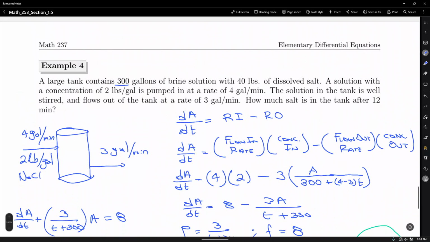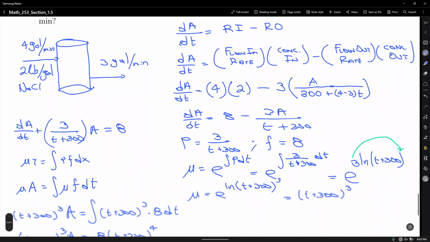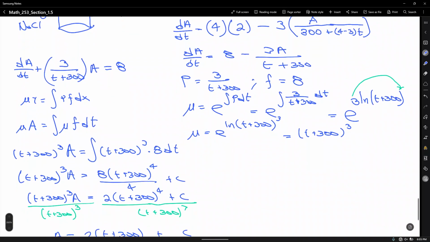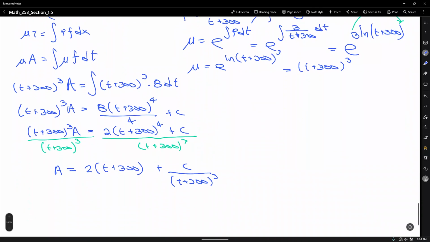The dependent variable happens to be A, the amount of salt. How much salt is initially in the tank? 40 pounds, right? I'm not asking for the concentration, but the amount of salt, the amount of the solute only.